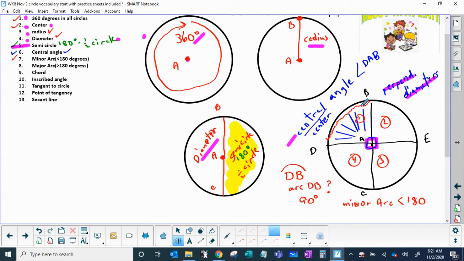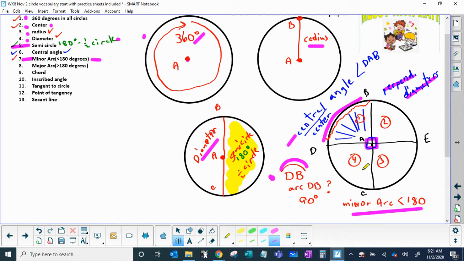A central angle includes the center, but I wonder what this idea of an arc is. We have a vocabulary word called minor arc. A minor arc is less than 180 degrees. So this piece right here, from D to B, we label it DB with a little arc over the top.